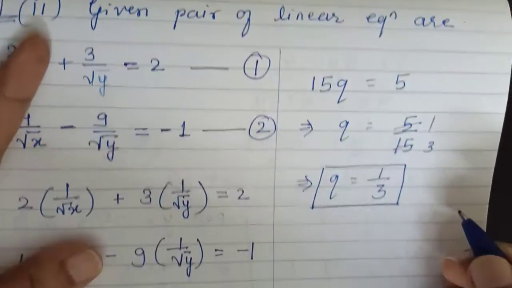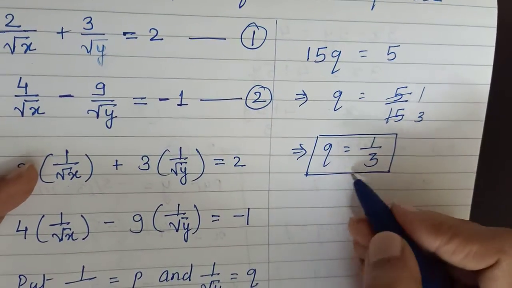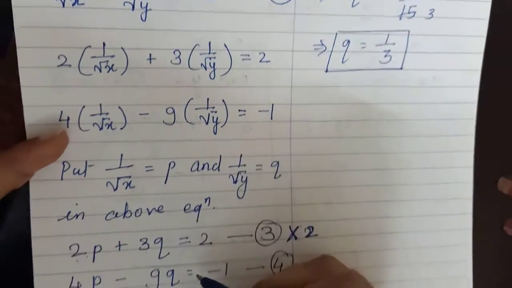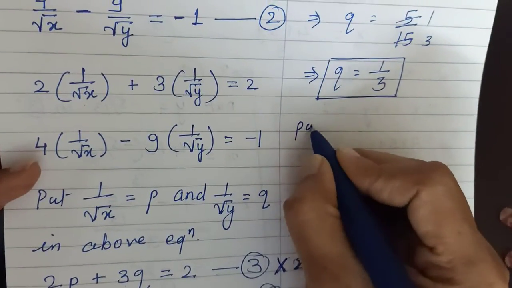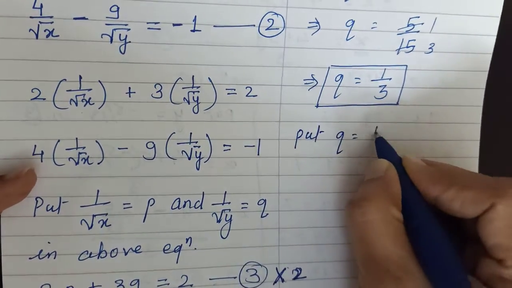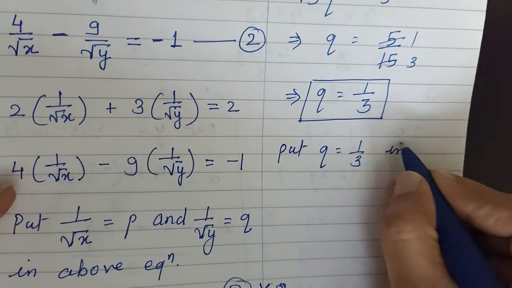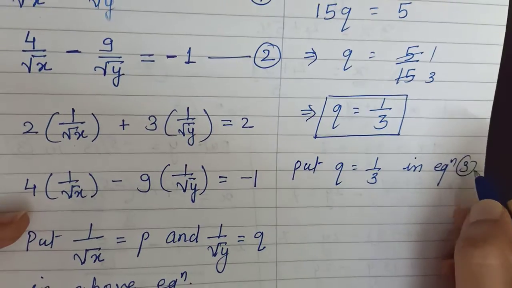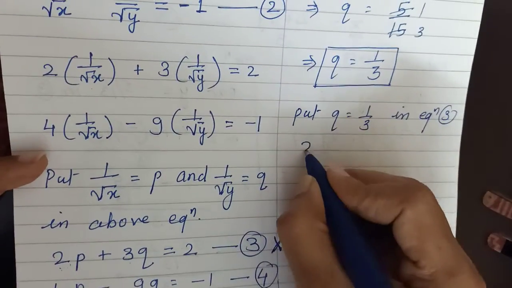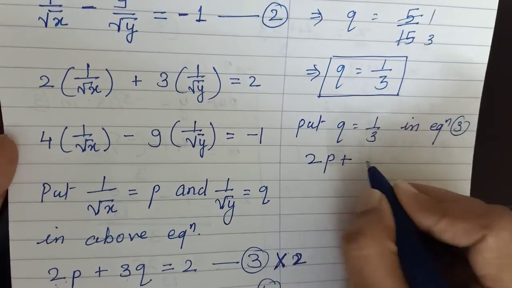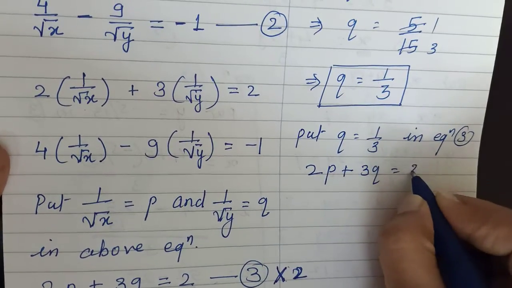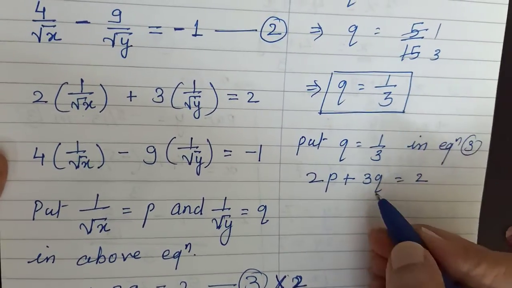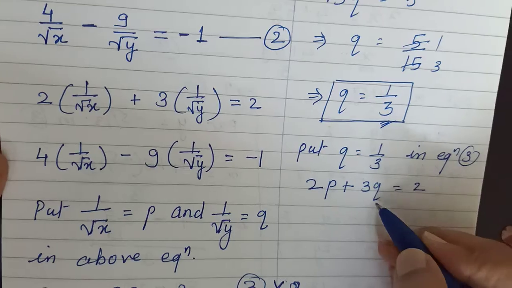Let us find the value of p by putting the value of q in any one of the equations. Put q equals 1 upon 3 in equation 3. I am choosing equation 3, which is 2p plus 3q equals 2.